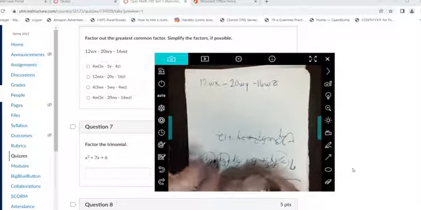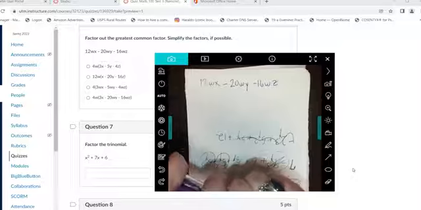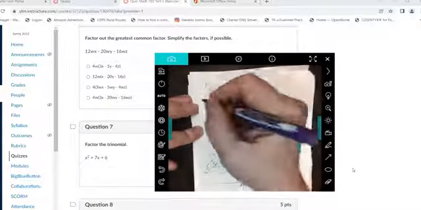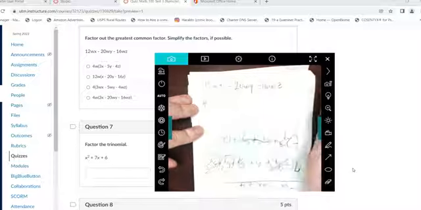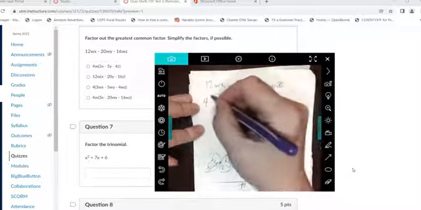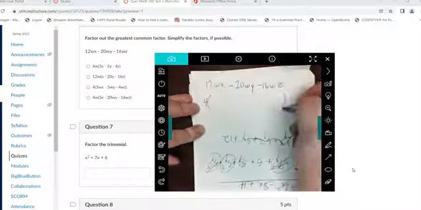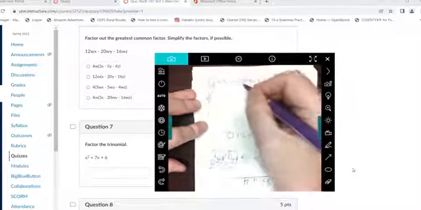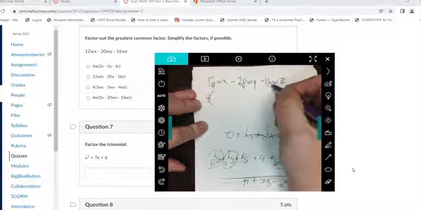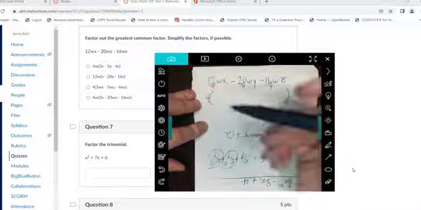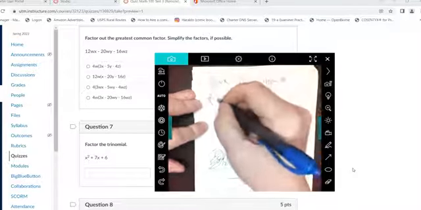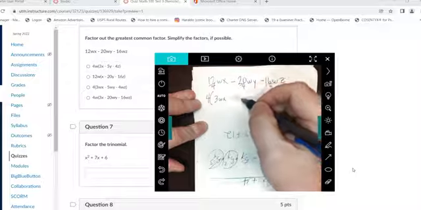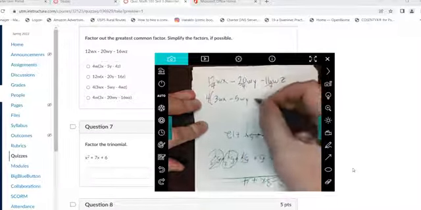The most they have in common is a 4. So we can factor out a 4. And I'm going to do that first. So what are you left with if you factor out a 4? Well, we're going to be left with 3wx minus 5wy minus 4wz.